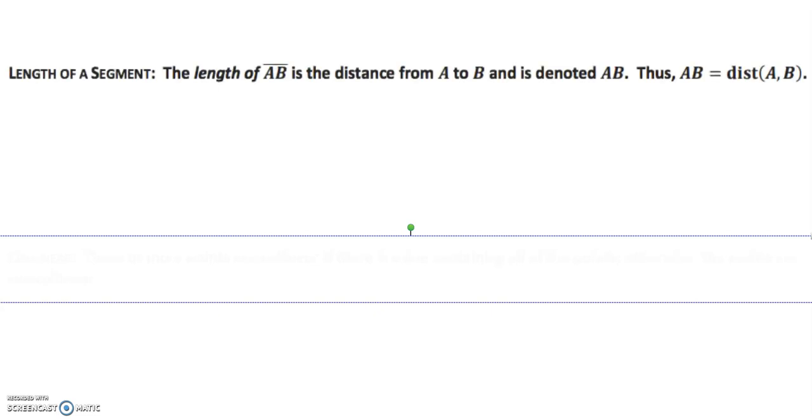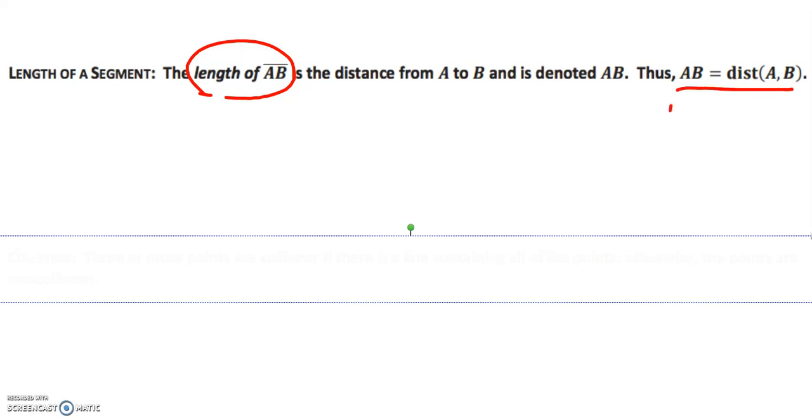Length of a segment. The length of segment AB, notice how I call this? Look at the notation. Segment AB is the distance from A to B, denoted by AB. This is notation.